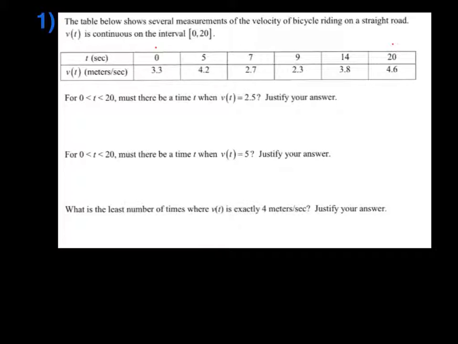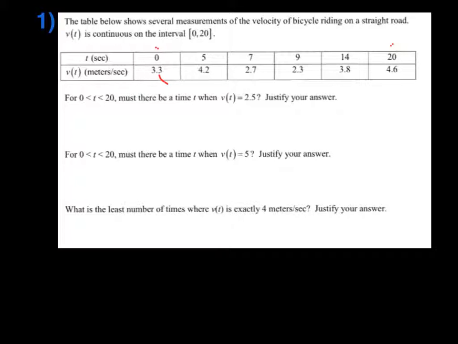Okay, so this is just simply asking, between the t values 0 and 20, must there be a velocity of 2.5? So what we're going to look for is whether 2.5 would fall in between two of the other velocities. You just have to compare two velocities at a time.